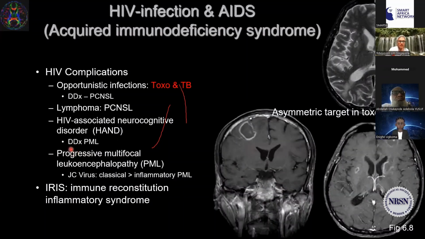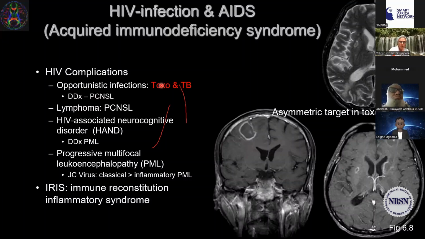So in acquired immunodeficiency syndrome, the complications of AIDS include the following. The most common complication is opportunistic infection. And AIDS defining diseases are often detected in patients who have the first diagnosis.